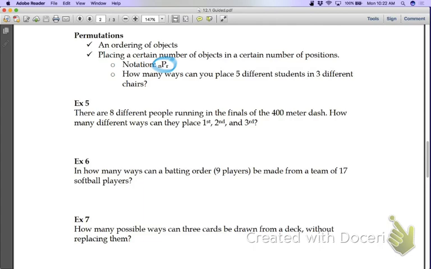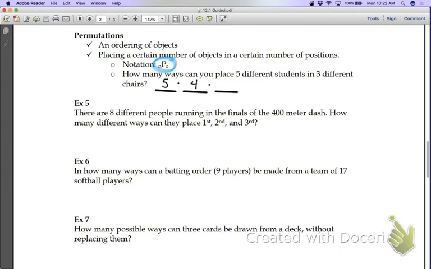So whenever we go about that, if there's 5 different students and 3 different chairs, how many different people can sit in the first chair? 5. What about the second chair? 4.